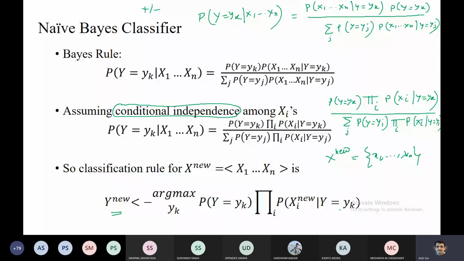So accordingly, this is called naive Bayes. Okay, if you have any question, you can ask.